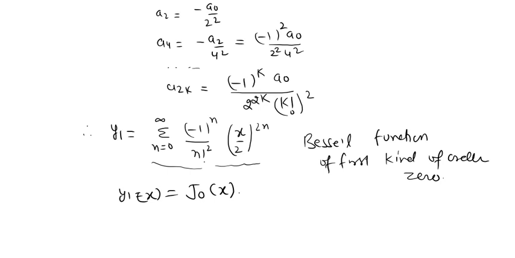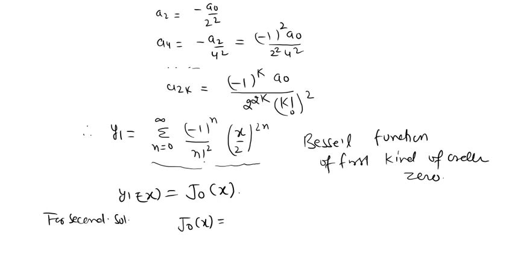Okay, so we got one solution, and we have a repeated root, so the second solution can be obtained by reduction of order, but here you don't have a simple series, so you have to do a little bit of manipulation. So for the second solution, we again write the first solution, which is J0.